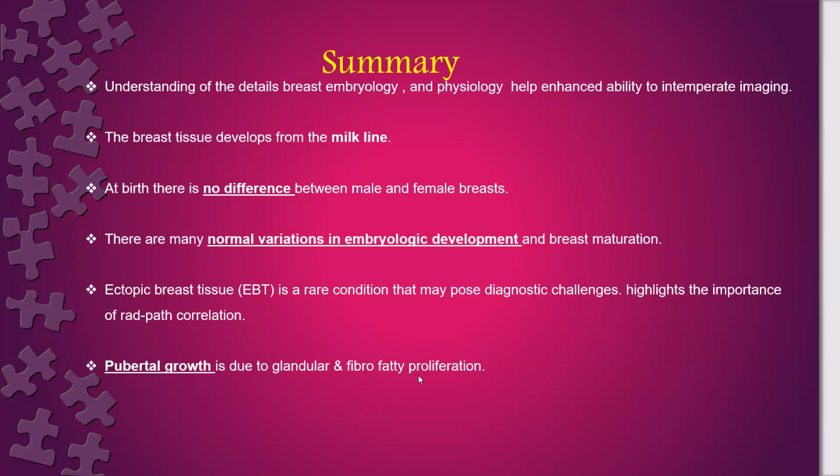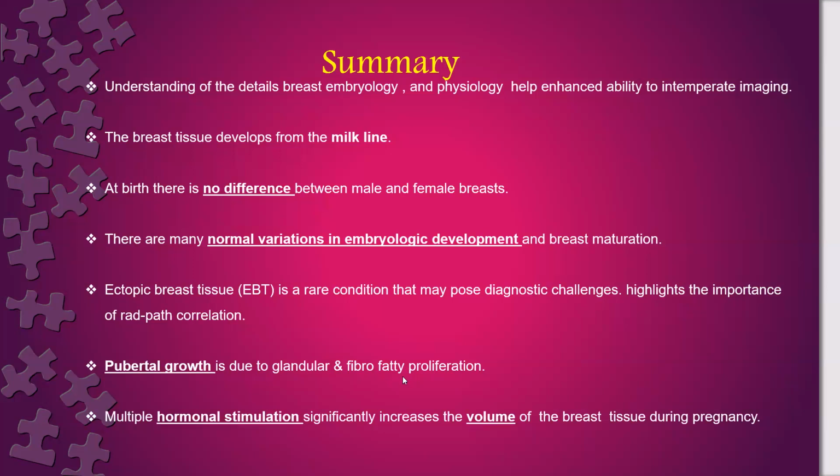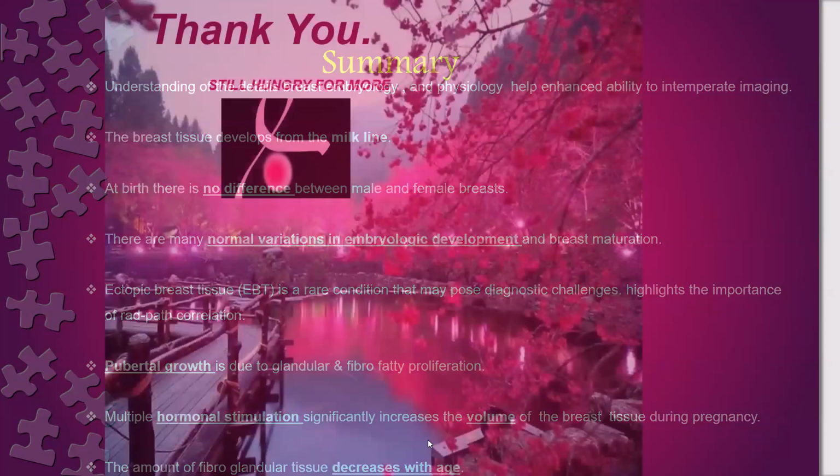Both are stimulated by hormones, and the proliferation of the stroma as well as the gland results in development of the pubertal breast tissue. Multiple hormonal stimulation significantly increases the volume of breast tissue during pregnancy, and at the last, the amount of fibroglandular tissue decreases with age after menopause.